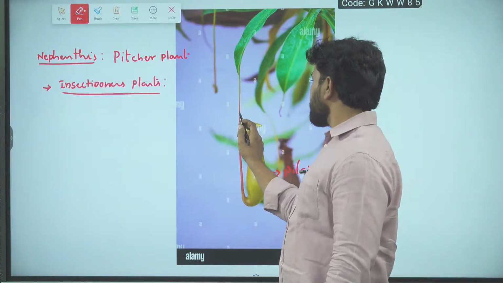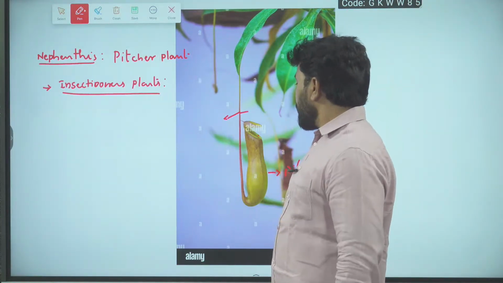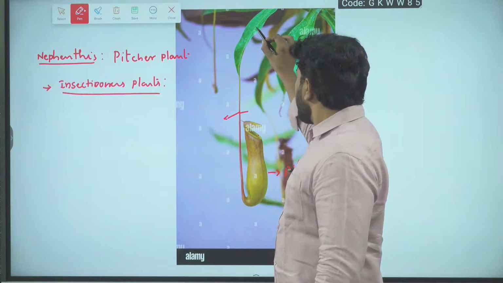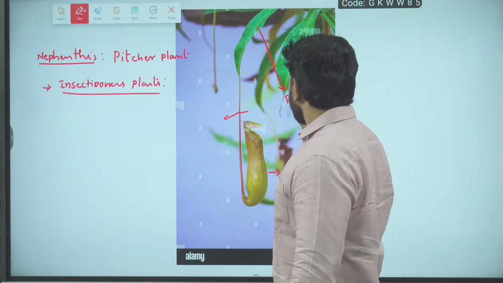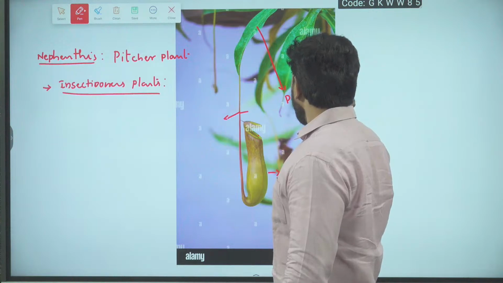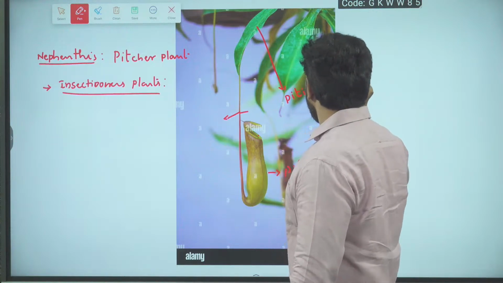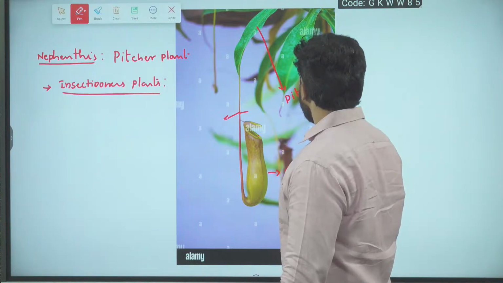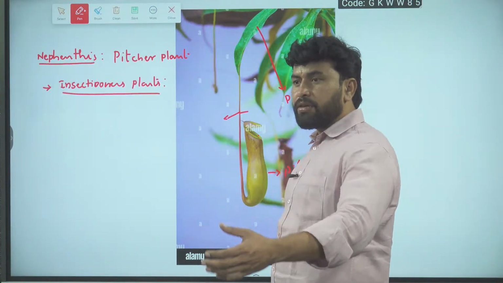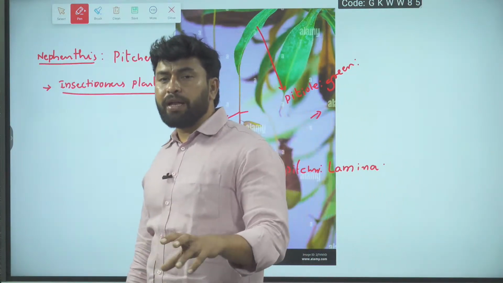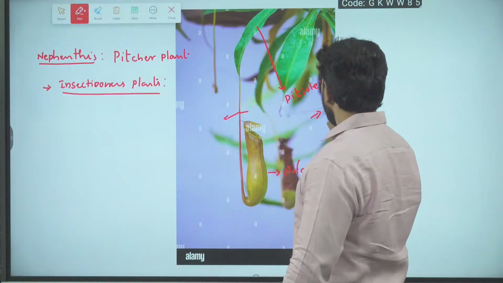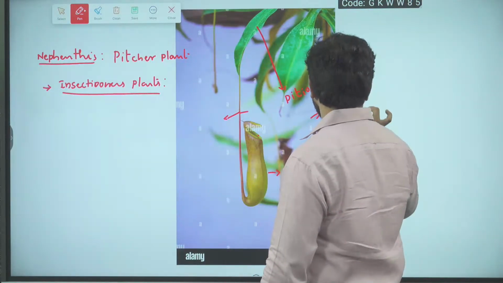This is a kind of tendril, okay, and this one is the petiole. The petiole becomes green and performs photosynthesis. Already I mentioned, what do we call a petiole that has been modified into a green photosynthetic body? That should be called phyllode.